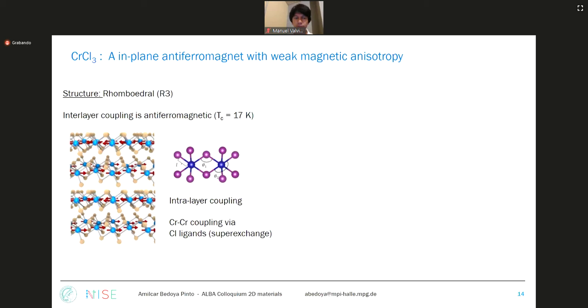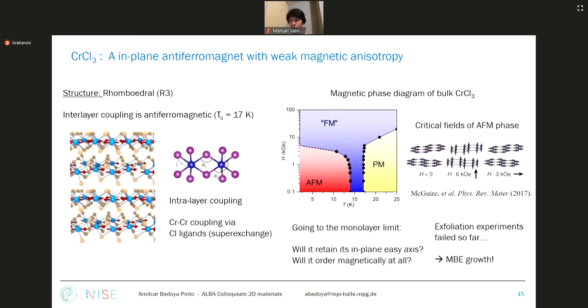Also interesting is that in the bulk, the anisotropy is weak in the plane. You still have interlayer exchange, but the anisotropy in the plane is relatively weak. And you usually have very small critical fields to perturb or destroy this antiferromagnetic phase. So here you see the phase diagram, and here you have the reference for the bulk systems.